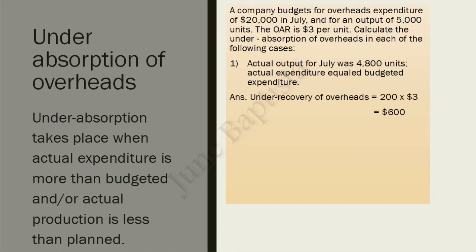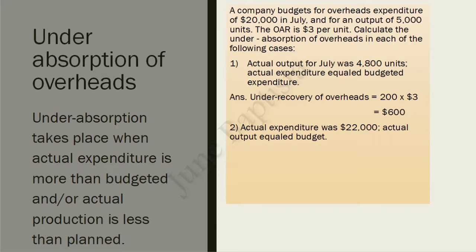How did you get the 200? That would be budgeted output of 5,000 minus actual output of 4,800. Therefore, there's an under recovery of overheads of $600. Let's look at a second example. Actual expenditure was 22,000.